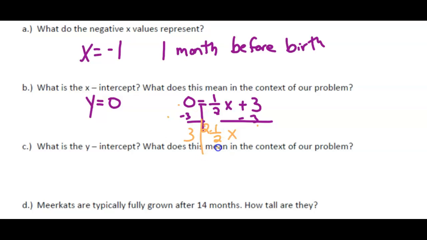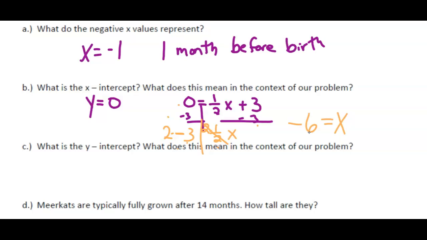If I do that on this side, I have to do it on this side, so times 2. Okay, remember this is a -3. 2 times -3. This will cancel, so now I have x is equal to 2 times -3 is -6.